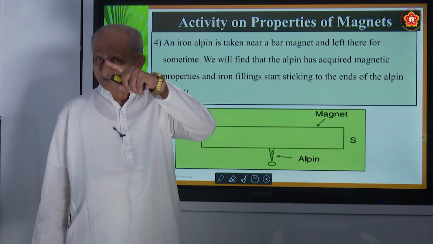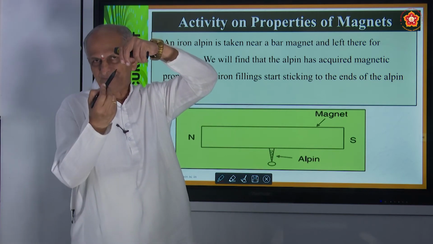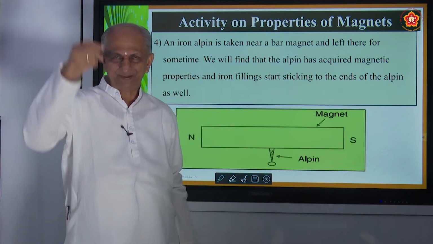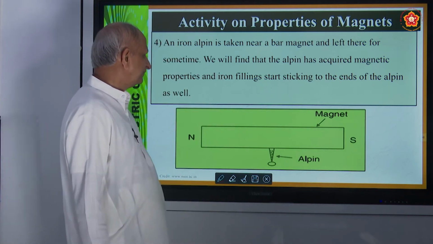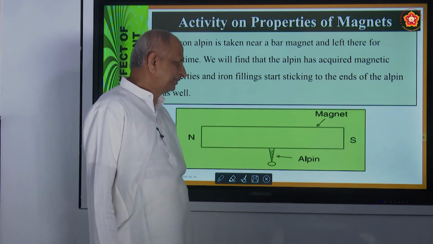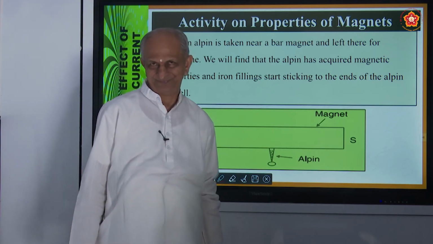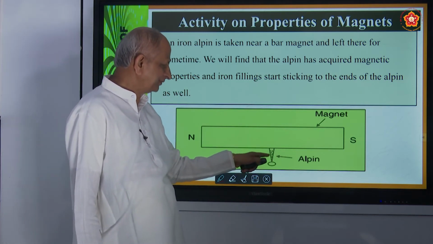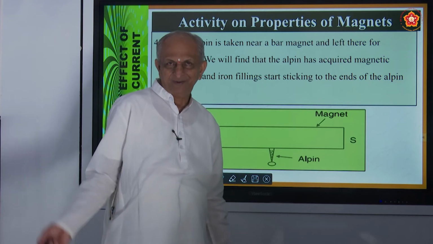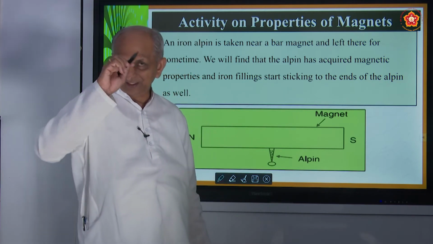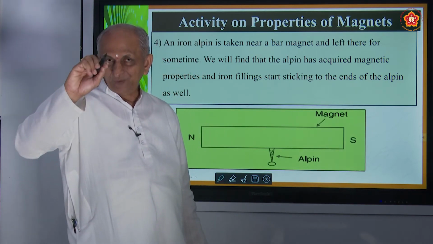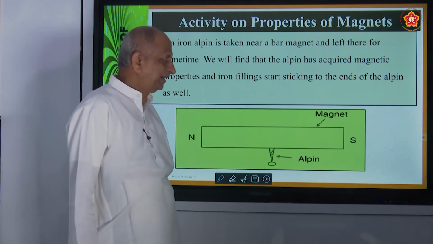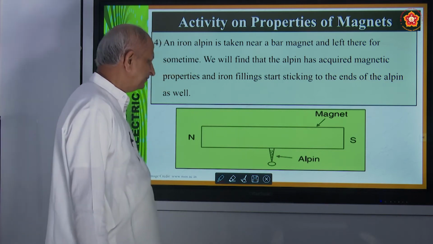And one interesting thing is, if you attach one more pin, that also attaches. One more pin, that also attaches. Some 2-3 pins get attracted, and that is what is called induced magnetism. When a magnetic substance is brought near a magnet, it acquires magnetism temporarily. This property is called induced magnetization.